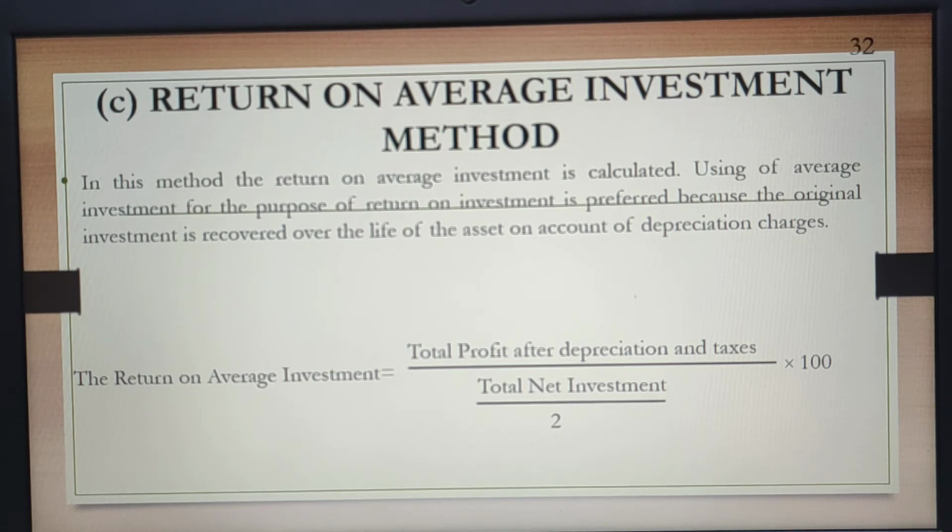Now in this we need to take the average of the investment. So average investment is calculated as opening investment plus closing investment divided by 2. The rate of return on average investment is total profit after depreciation and after tax upon average net investment, or we can say total net investment upon 2.